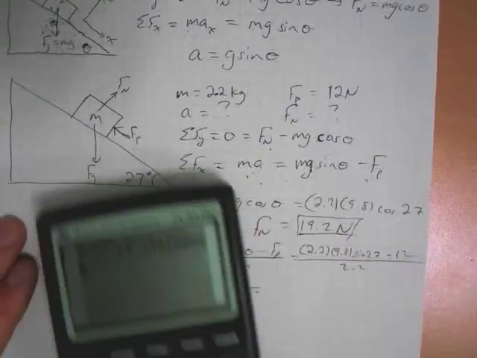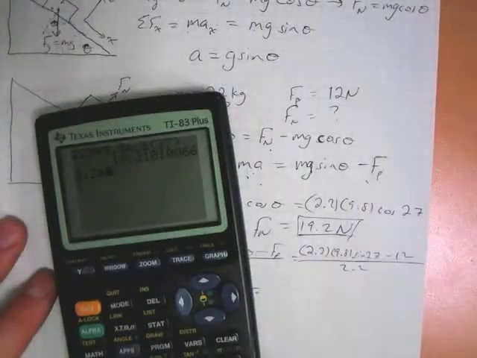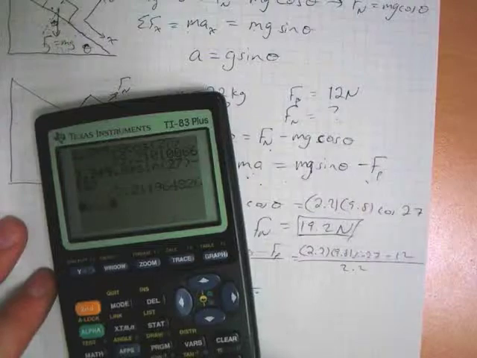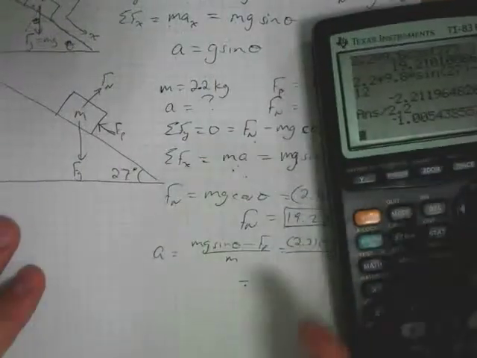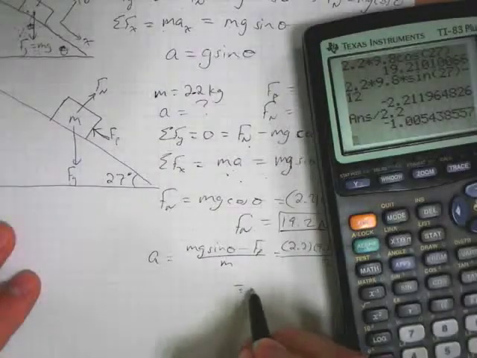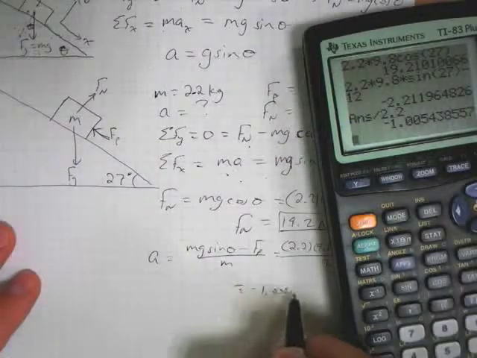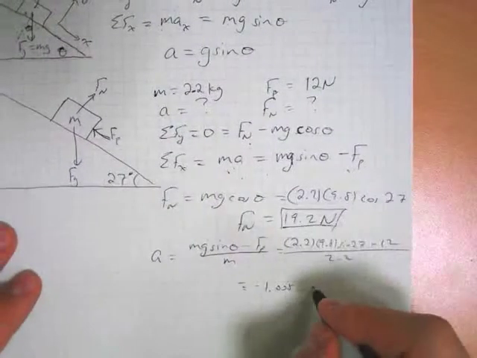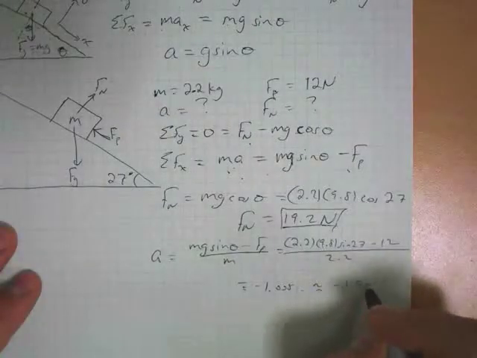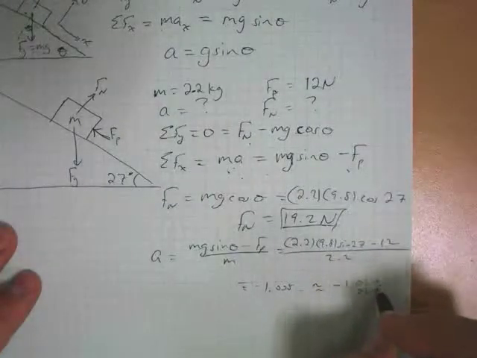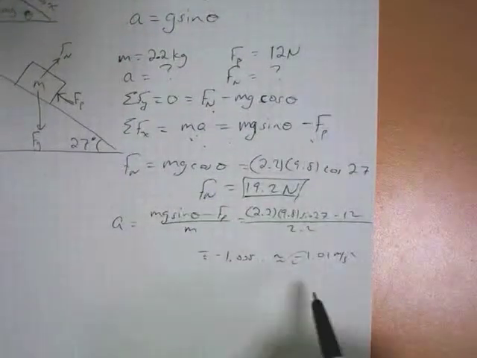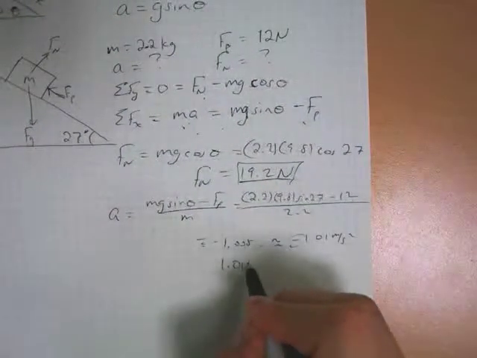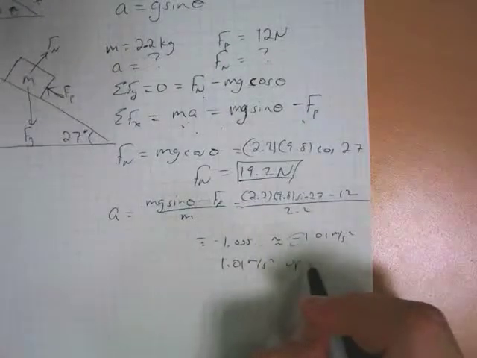And if we punch that in, that gives us an acceleration of minus 1.005, so about minus 1.01 meters per second squared. We call down the ramp the positive direction. So that means the acceleration is 1.01 meters per second squared up the ramp.